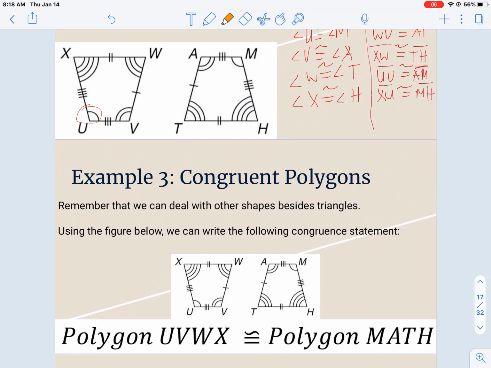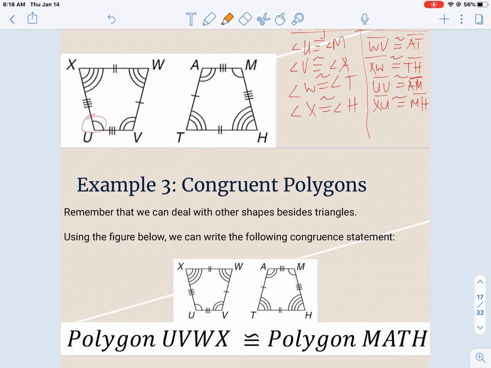Polygon UVWX is congruent to, if I start over in the polygon on the right, 1 arc, 2 arcs, 3 arcs, 4 arcs, the order would be MATH. Notice how U always has to match up with M, V always has to match up with A, and so on. They're like a pair, can't separate them.